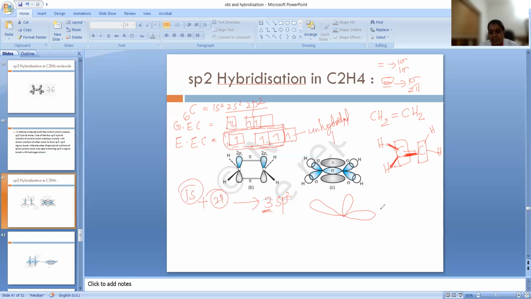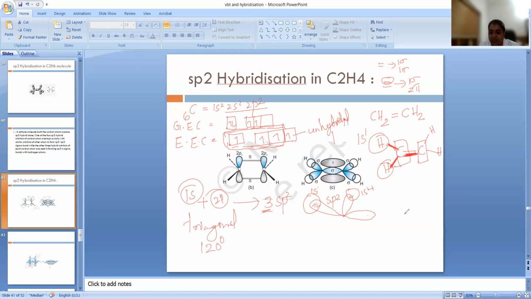It will have trigonal planar shape, and the bond angle should be 120 degrees, and that will be bonded with how many hydrogens? 2 hydrogens, right? So 2 hydrogens have 1s1 electronic configuration. So here this sp2 hybridized orbital will intermix with the 1s orbital of hydrogen to get a pair of electrons; a sigma bond will form here, and another sigma bond with the 1s orbital of hydrogen.